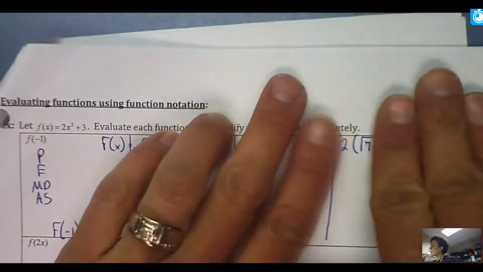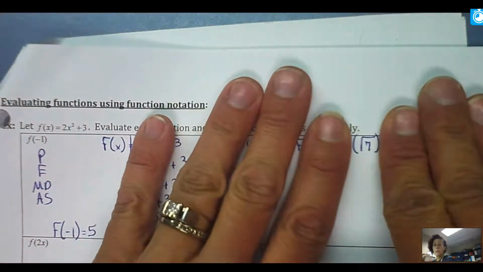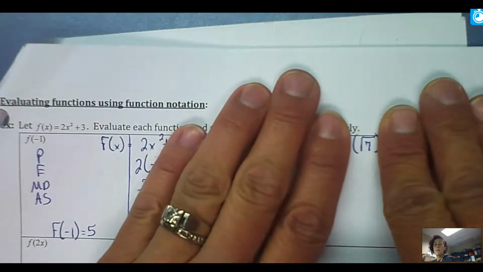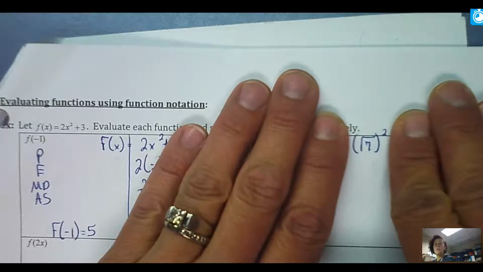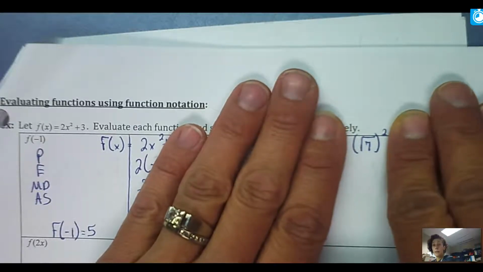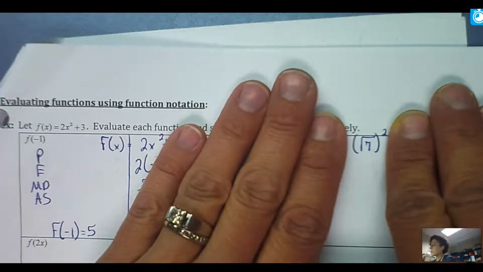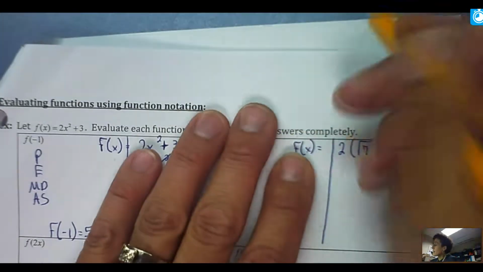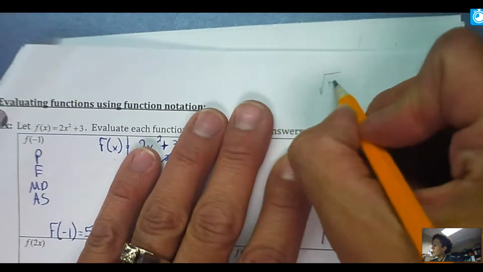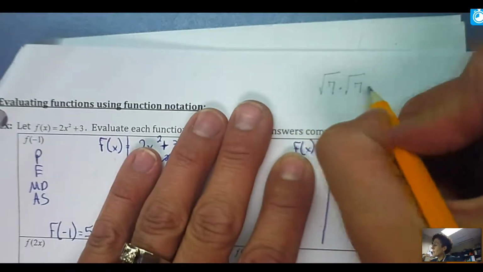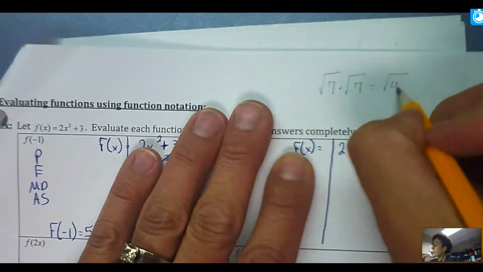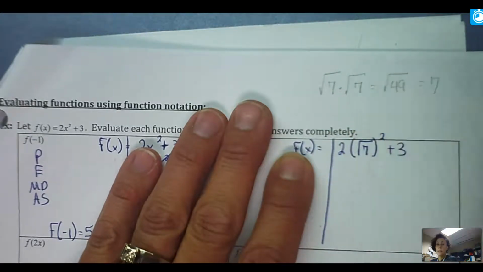The first thing is the square root, nothing to do with the square root of 7. My exponent says I should square it, and when you square something that is square rooted, technically the square and the square root cancel out. The long way is you have the square root of 7 times the square root of 7, which is the square root of 49, which just becomes 7.